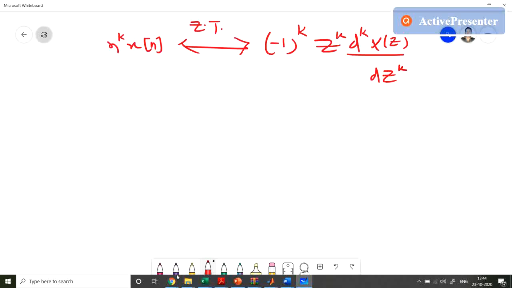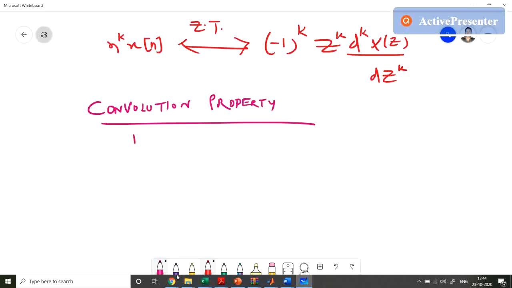The next property is a very important property that we deal with in discrete time case. It is called the convolution property.